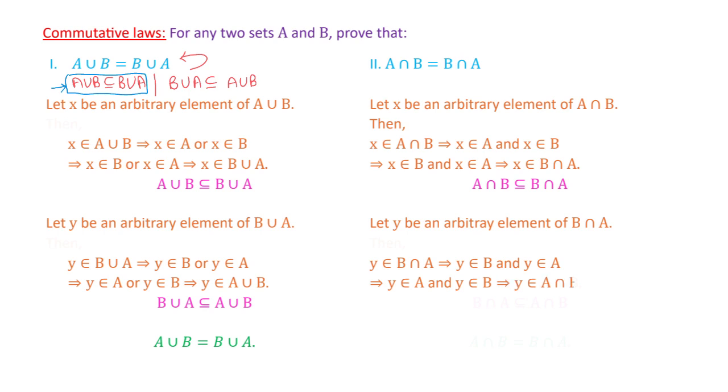So we obtain that Y belongs to A intersection B. So every element of B intersection A is an element of A intersection B. So we have proved that B intersection A is a subset of A intersection B. Now, by combining both these results, we obtain that these two sets are equal, and this is what we had to prove. So the commutative law holds for the union and intersection of sets.